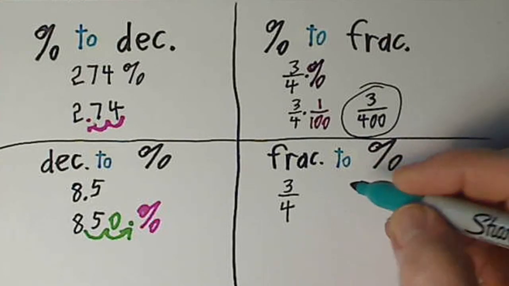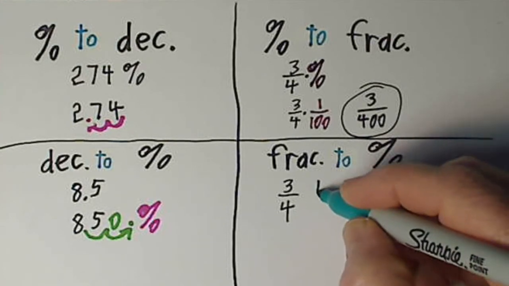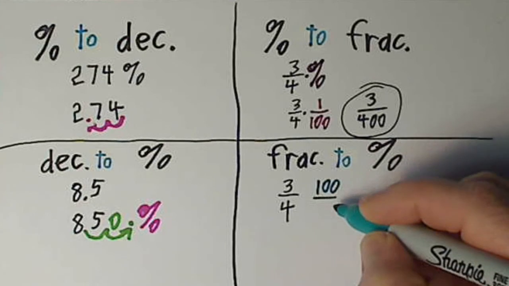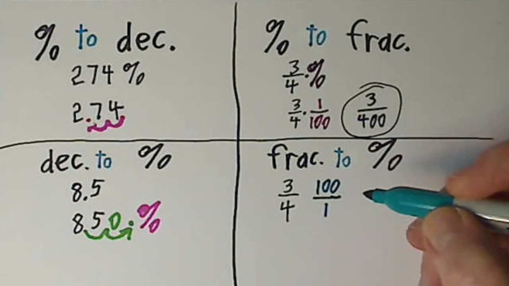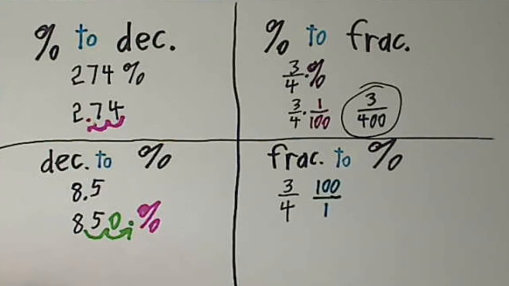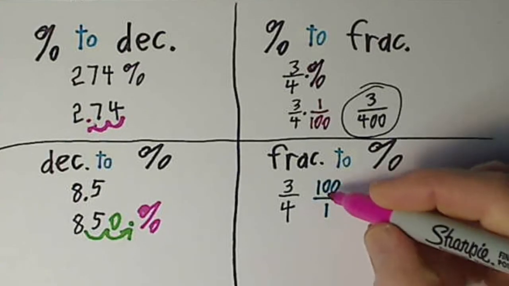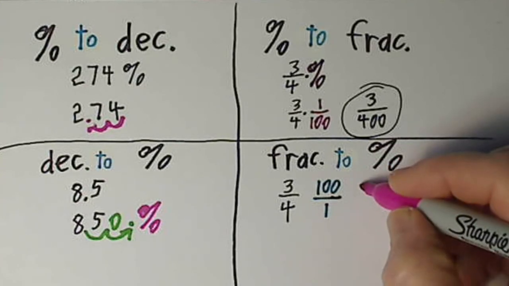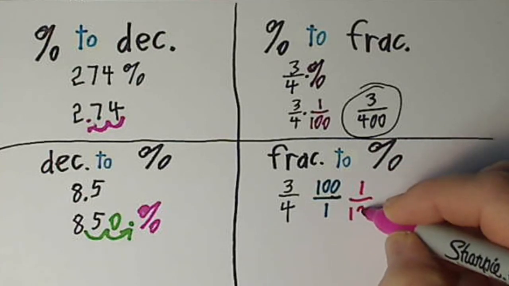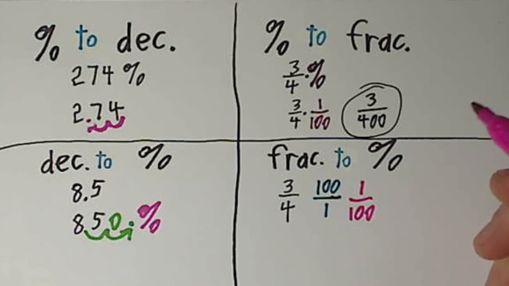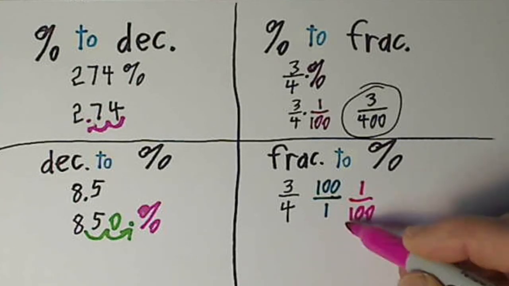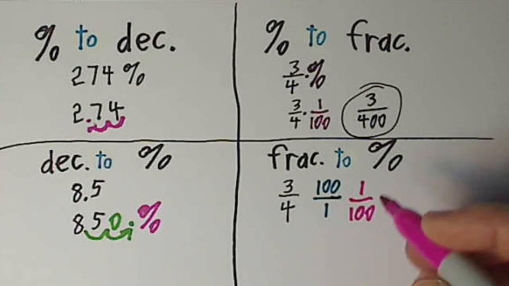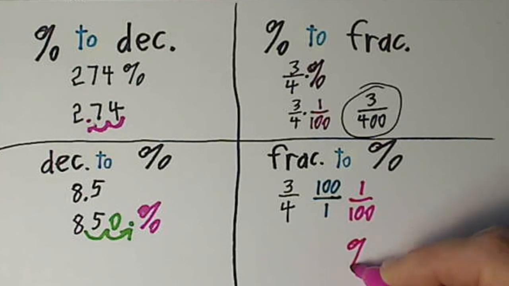I'm going to multiply by 100. I can't just multiply by 100. This sign, the percent sign, stands for 1/100th. But again, I'm not going to write this. All I'm going to do is put in my percent sign in front of the answer.